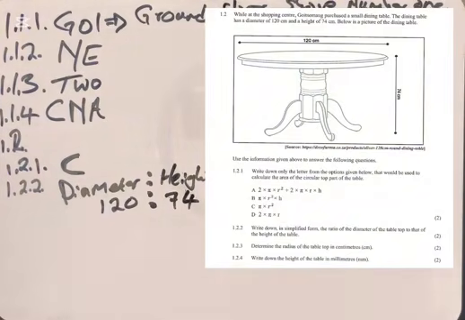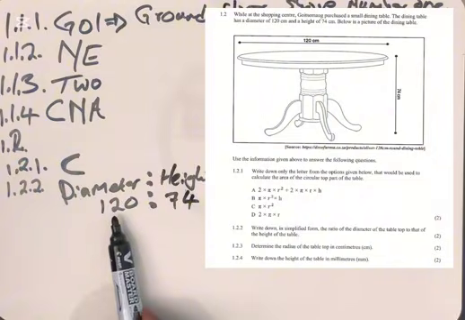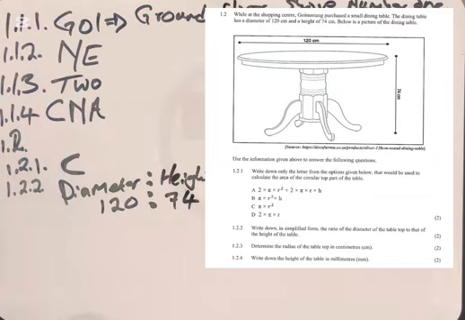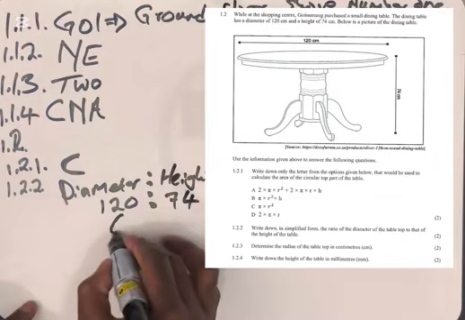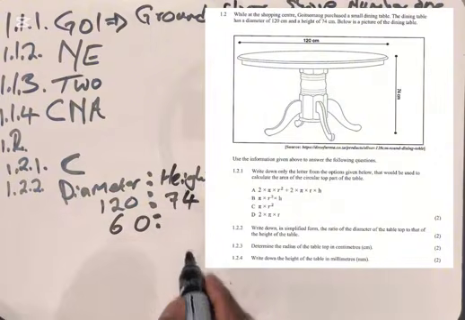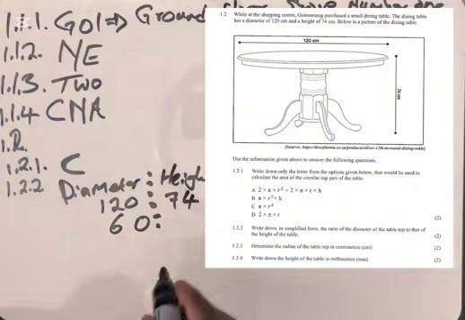But they said we must write this in simplified form. So it means that we should look for a number by which we can divide 120 and 74 without getting a decimal. Let's start with 2. 120 divided by 2 is 60. 74 divided by 2 is 37.